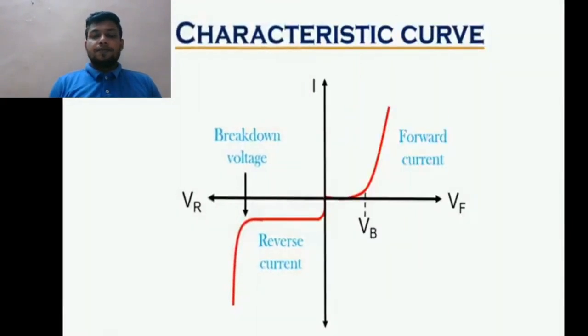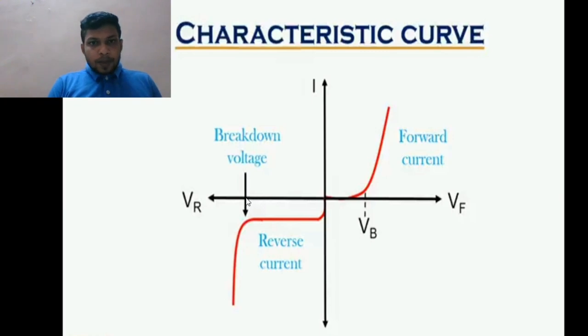Here we can see the characteristic curve of the diode. Up to the breakdown voltage the current is very small. Once it reaches the breakdown voltage, the current starts to increase. As the voltage increases, the current also increases. Here on the negative side, this is the reverse saturation current.